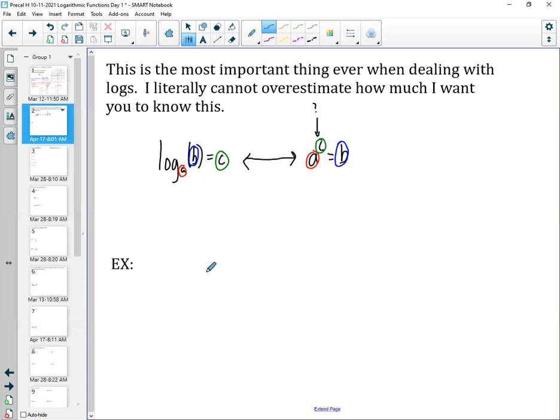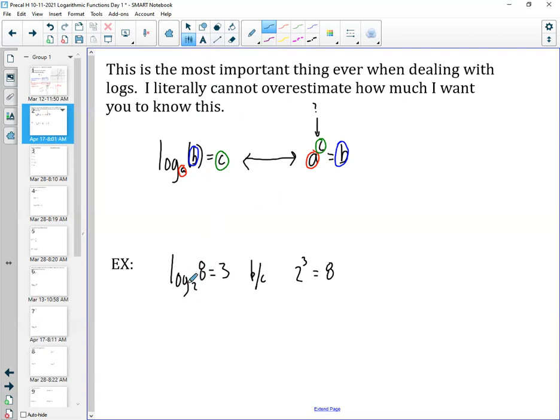Let me give you an example of how this works. Log base 2 of 8 equals 3, because 2 to the third equals 8.